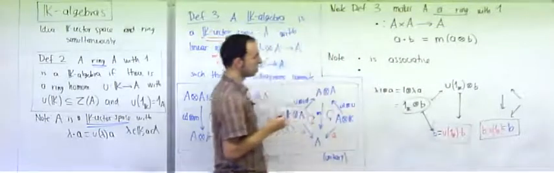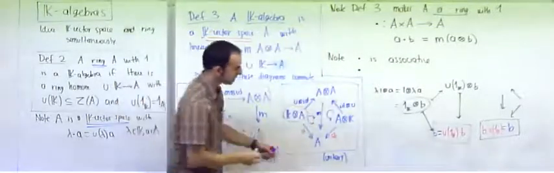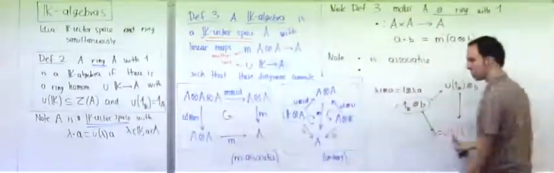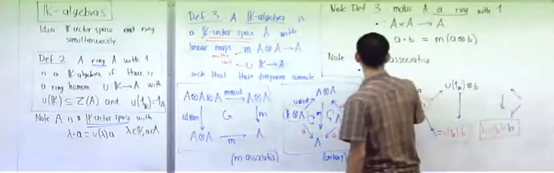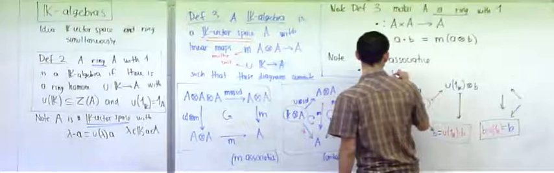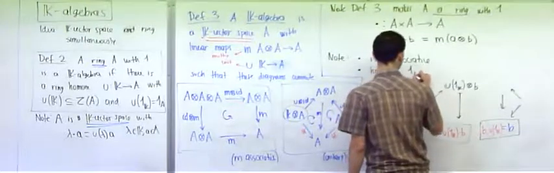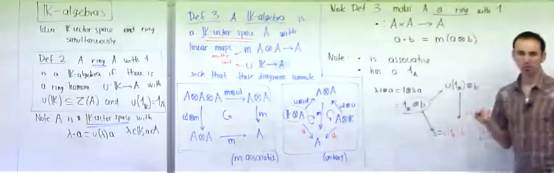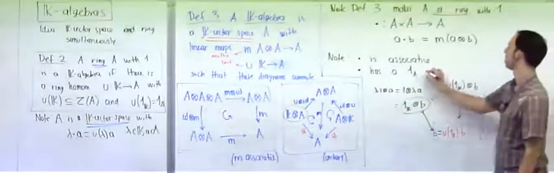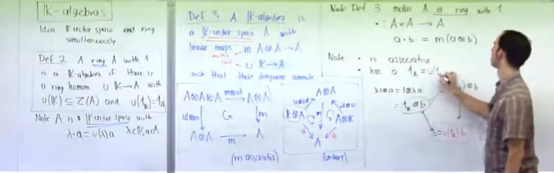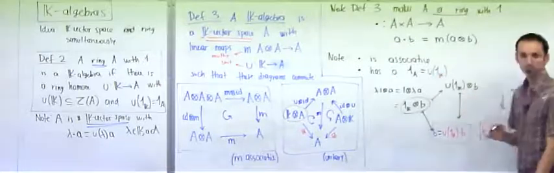What else do I know? Well, this says that I have a multiplicative identity. And not only do I know it exists, I know which one it has to be. It has to be U of 1. Right?